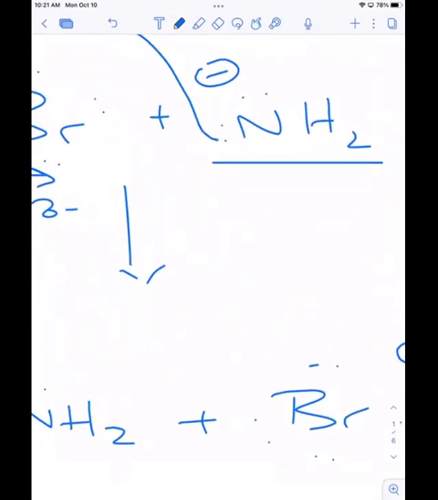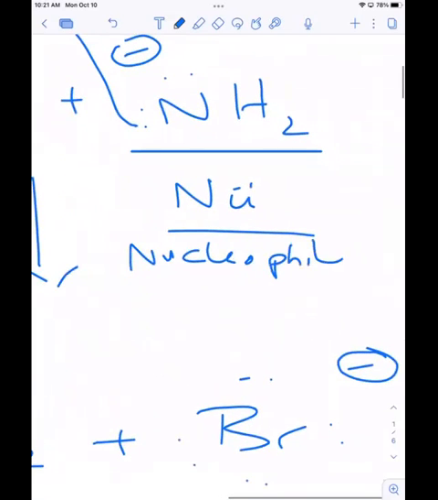The nitrogen is what I call my nucleophile. Right, it's my nucleophile. Phile, which is, well, philos, which is one of the Greek words for love. Eros and agape are the other two. Phile means lover. Nucleo means nuclei, right?